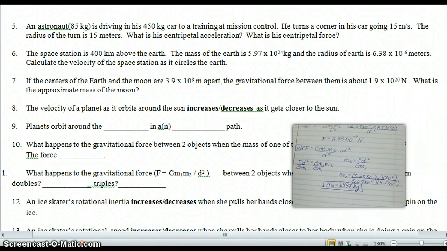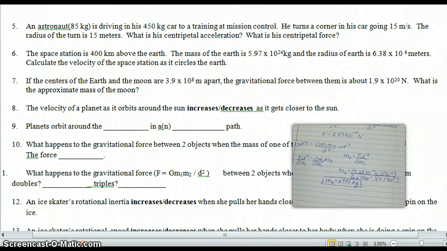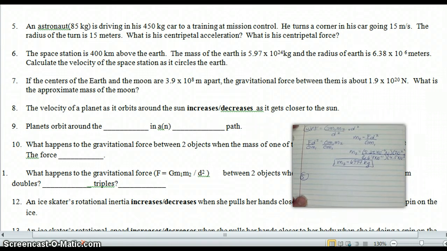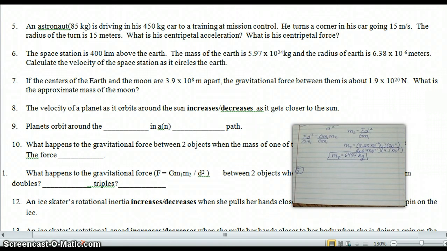Number 5 says, an astronaut whose mass is 85 kilograms is driving in his car, which is 450 kilograms. He turns a corner in his car going 15 meters per second. The radius of the turn is 15 meters. What is his centripetal acceleration and what is his centripetal force?